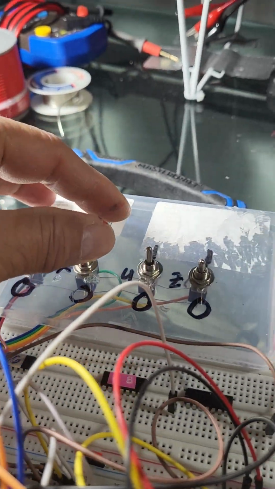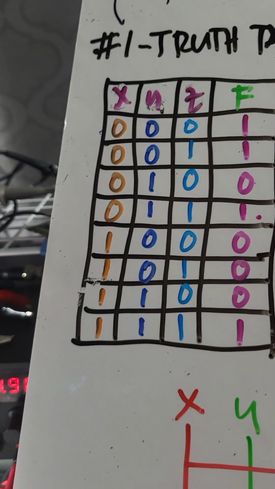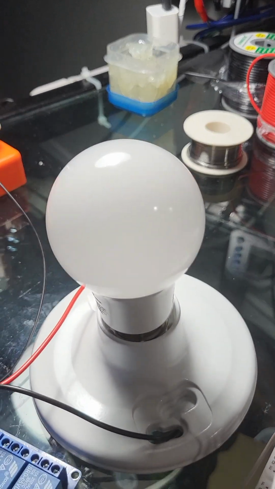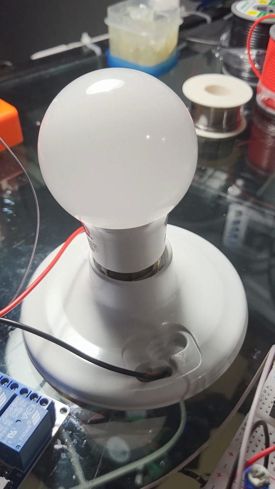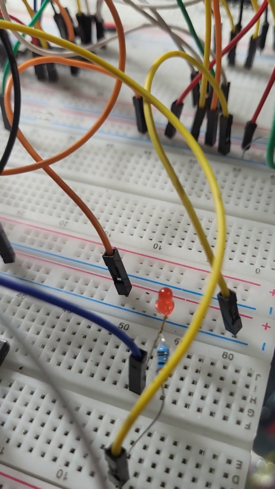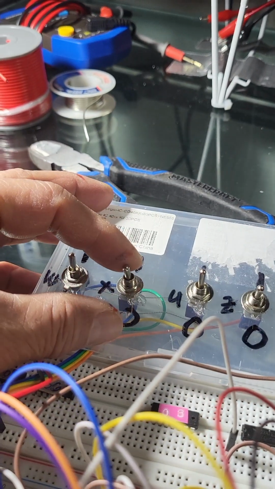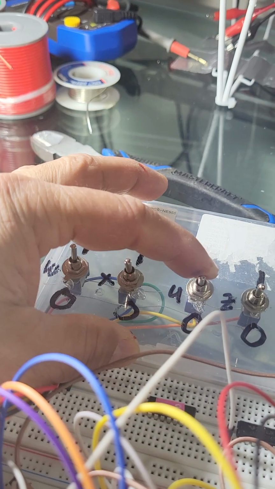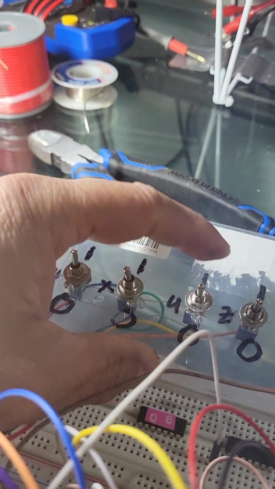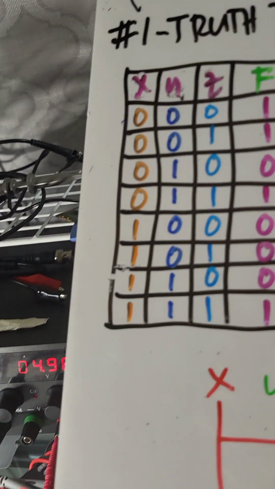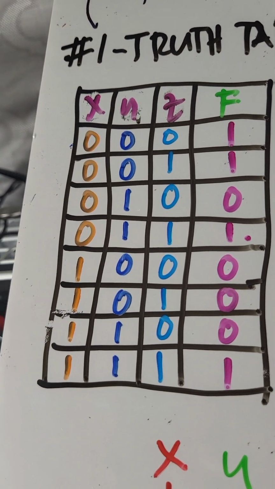So let's start. If the input is 0, 0, 0, it must be 1. So we expect that our bulb will turn on, and also this small LED. Okay, 0, 0, 0. Look at that, our output is on. That's 1. The next combination is 0, 0, 1, still 1 output.